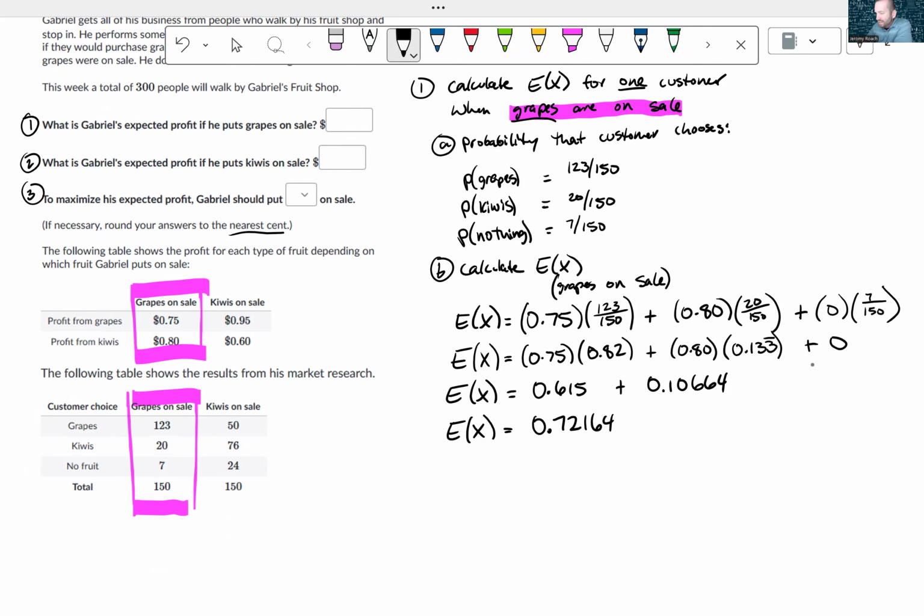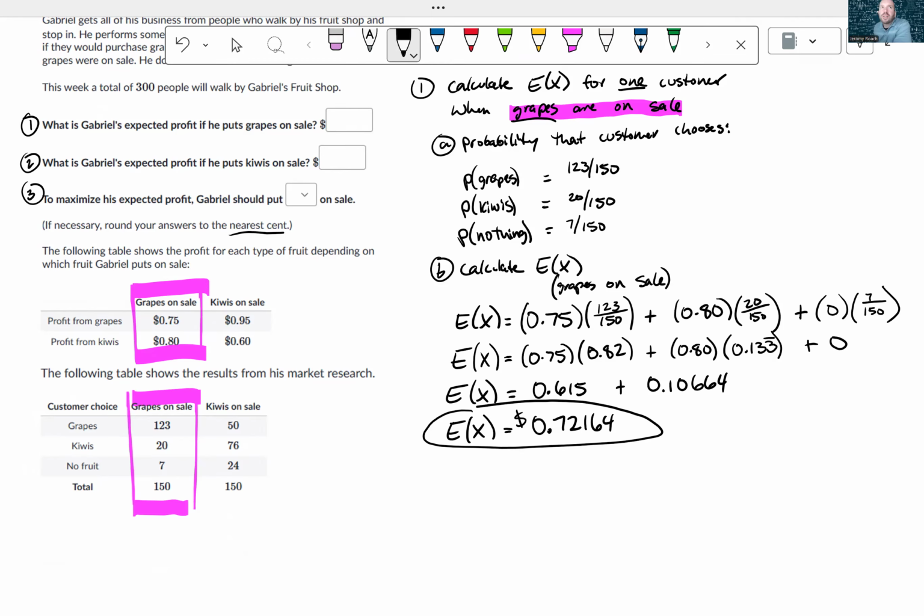And that's how many cents we would expect to gain from one customer when we put grapes on sale based on this data. I'm just going to leave our answer like this for now, and we can round it later when we need to. So that's for one person when grapes are on sale.